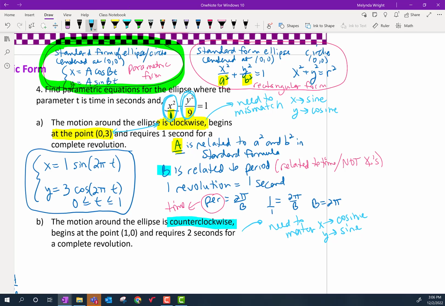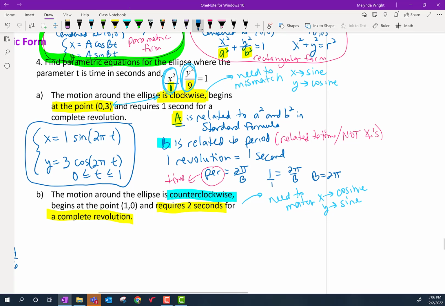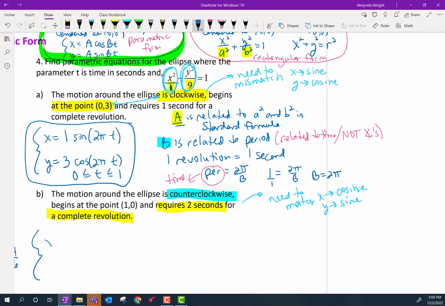Okay, that deals with that. And our period, we've got 2 seconds for a complete revolution. So we'll get to that in just a moment. Let's start building our parametric. All right, so x we're going to put with cosine, and y we're going to put with sine. That deals with our rotation.